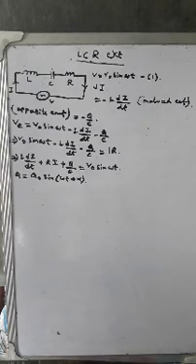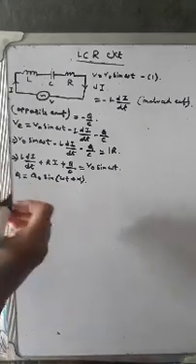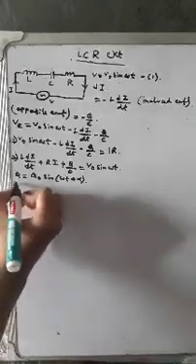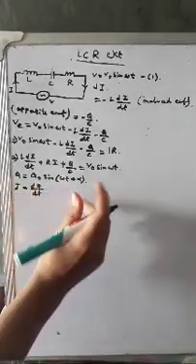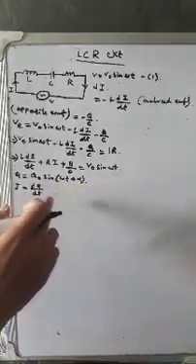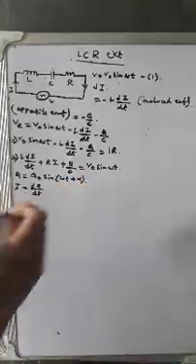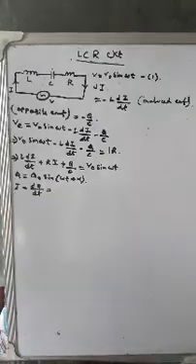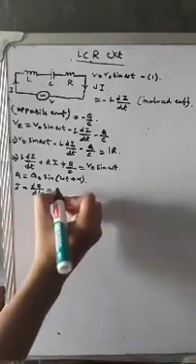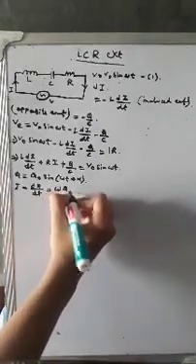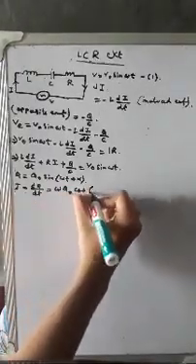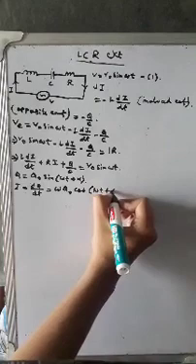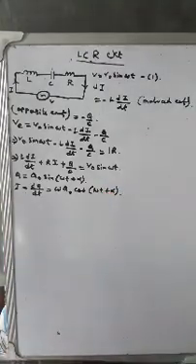To find it, I equals dq by dt. That means I have to differentiate this equation of Q with respect to t one time. What will you get? Omega Q naught, sine will change to cos, of omega t plus alpha. Clear?